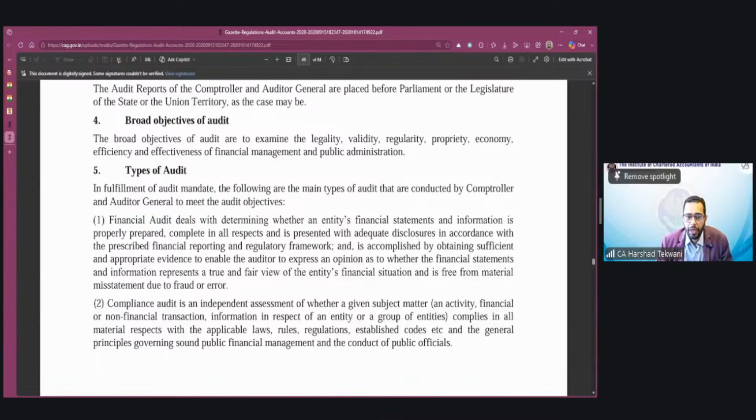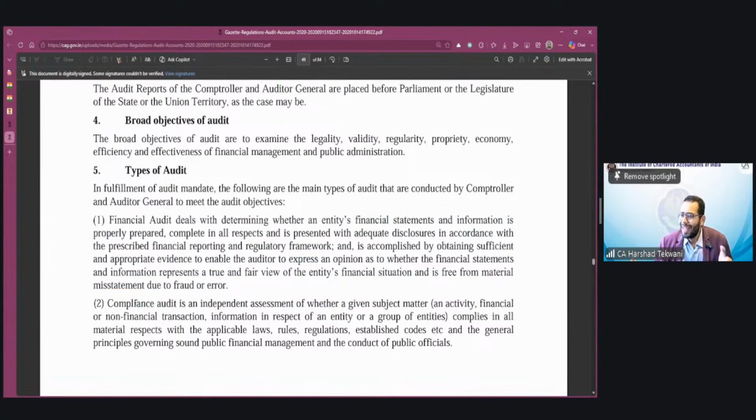Financial audit deals with determining whether an entity's financial statements and information are properly prepared, complete in all respects, and presented with adequate disclosure in accordance with the prescribed financial reporting and regulatory framework, and is accomplished by obtaining sufficient and appropriate evidence to enable the auditor to express an opinion whether the financial statements and the information represent a true and fair view of the entity's financial situation and are free from material misstatement due to fraud and error.